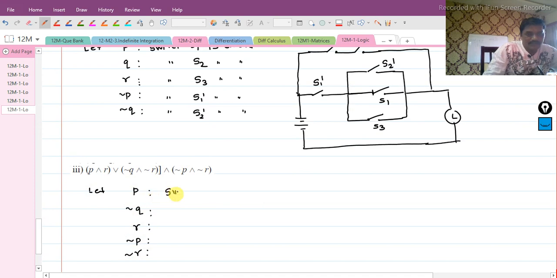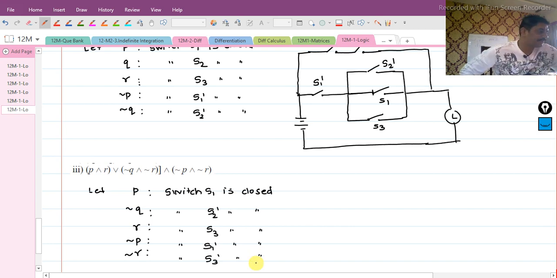This is switch S1 is closed. This is switch S2 dash is closed. This is switch S3 is closed. This is switch S1 dash is closed. And this is switch S3 dash is closed.